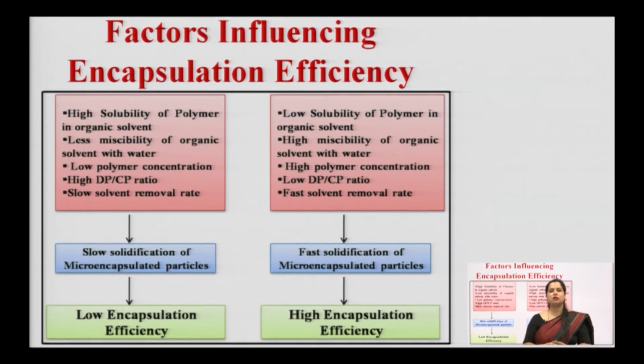Factors influencing encapsulation efficiency. Encapsulation efficiency is the most important parameter while we manufacture microcapsules, because how much quantity is encapsulated within the polymer shell is of prime concern here. If the majority of the drug is not encapsulated, is free, then what is the point of making these microcapsules? This is an important concern. So, we have represented two flow charts here.